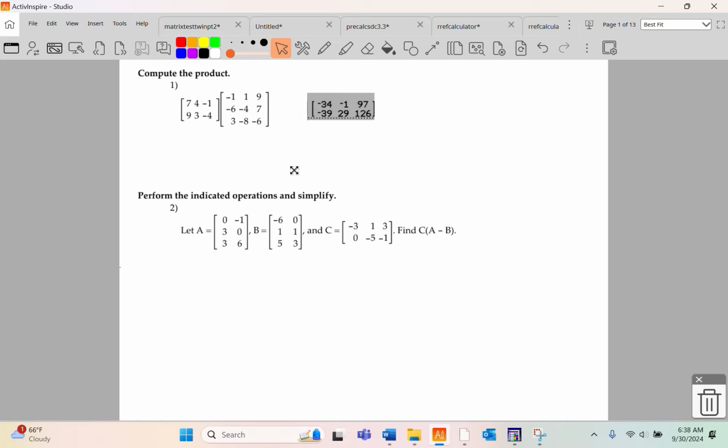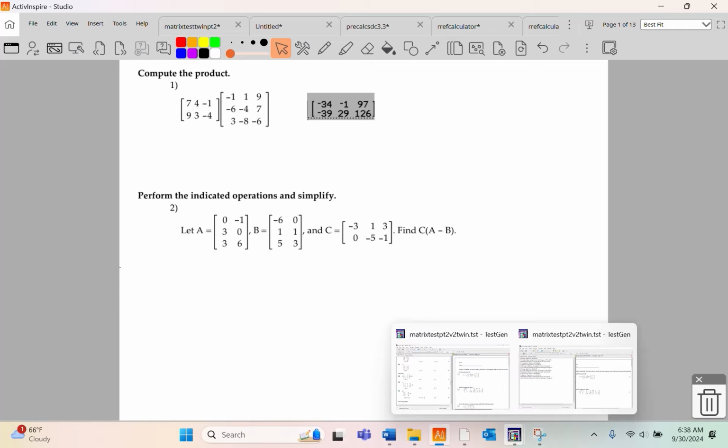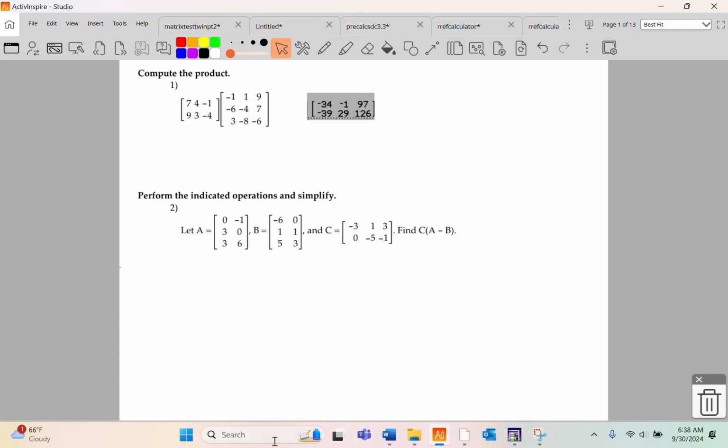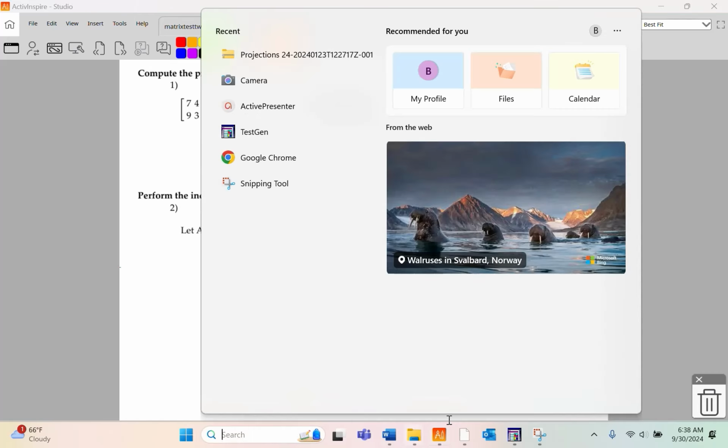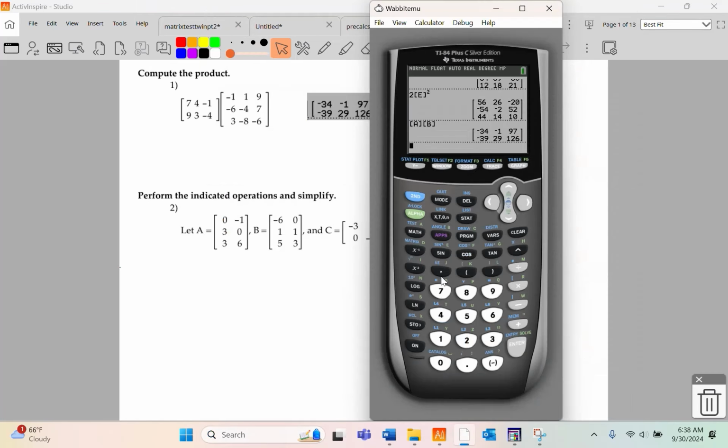Perfect. All right, what are we supposed to do here? We're supposed to do C times (A minus B). Now, if you do this as it's written right here, you're probably going to have an issue. You really are. But let's put these things in. So I've got a lot of replacement to do. A is a 3 by 2, 3 rows, 2 columns.